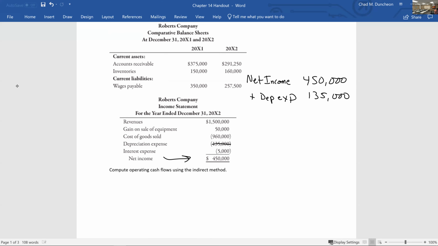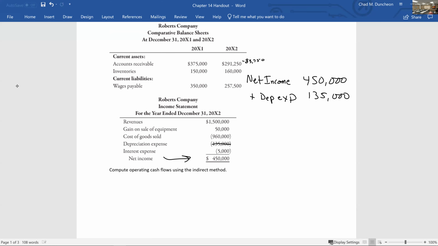Step two, I start comparing my current assets and I remember that they have an inverse relationship. So if I look up here, my accounts receivable decreased by $83,750 from X1 to X2, okay?